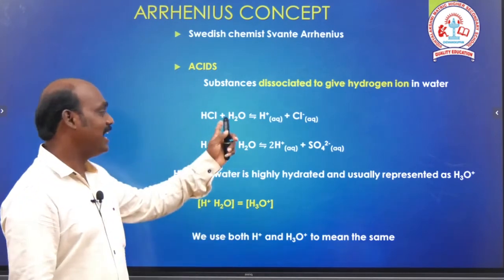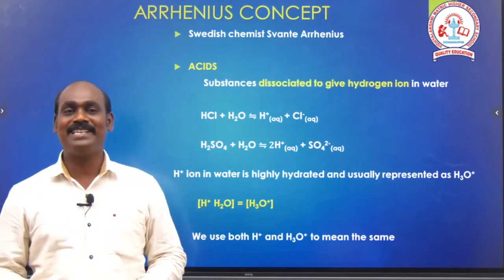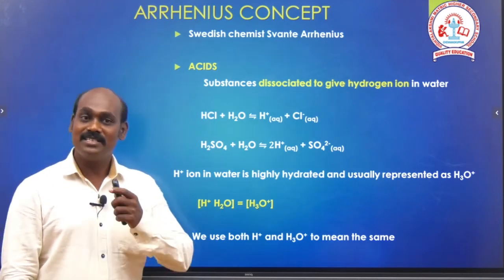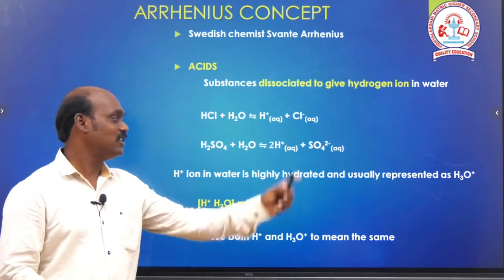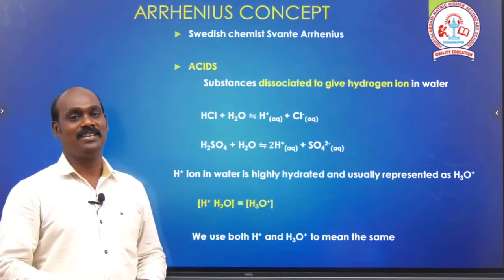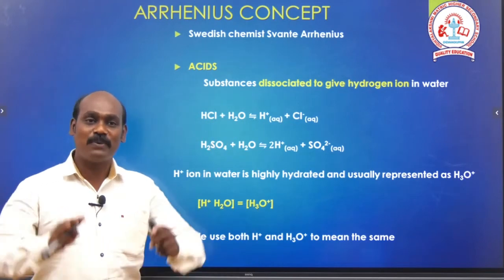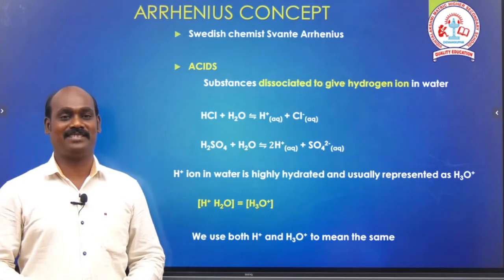For example, HCl dissociates in water to give H plus and Cl minus ion. Similarly, sulfuric acid dissociates in water to give 2H plus and SO4 2 minus ion. Both compounds produce H plus ion, so they belong to acids.